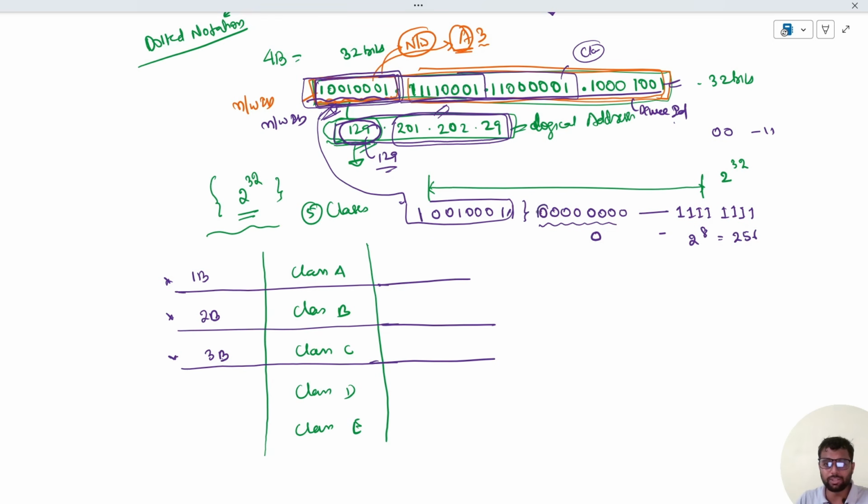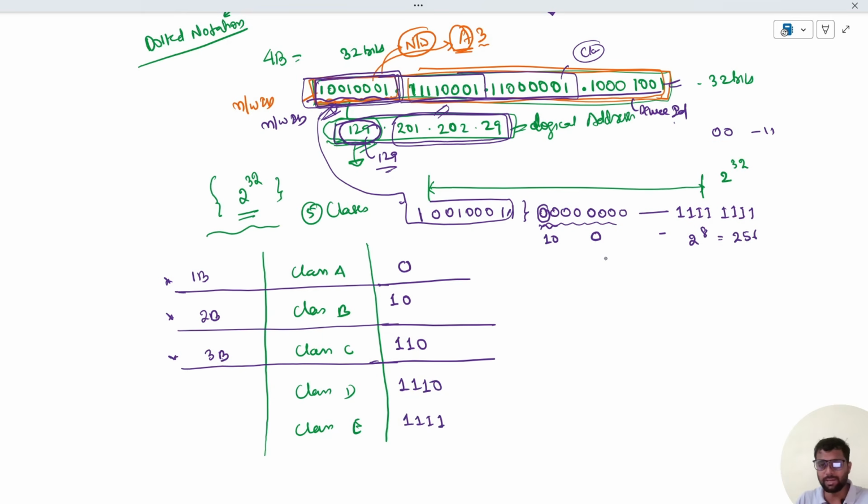So in class A address, what do we do? We reserve the MSB as 0. In class B addresses, we reserve the first 2 bits as 1 and 0. Correct? In class C, we reserve the first 3 bits as 110. In class D, the first 4 bits as 1110 and class E as 1111.